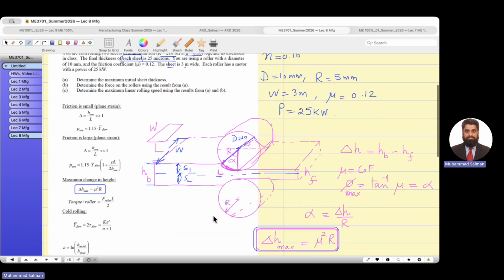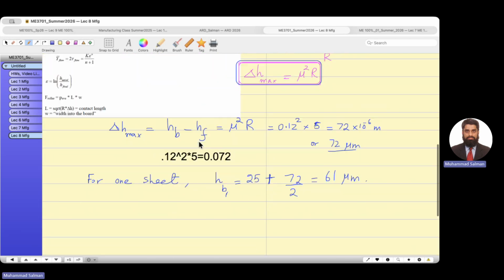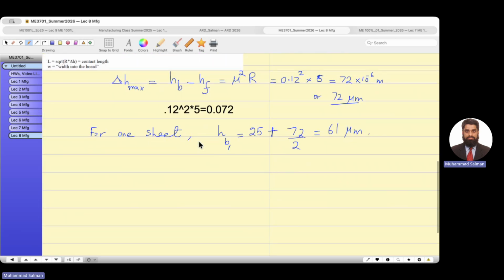And for the force on the roller, using the results from A, how much force you have to find out. So let's use the formula here.